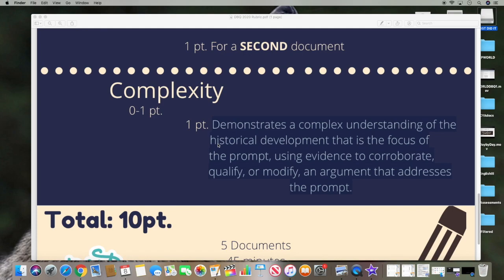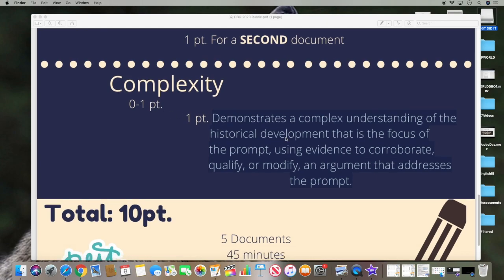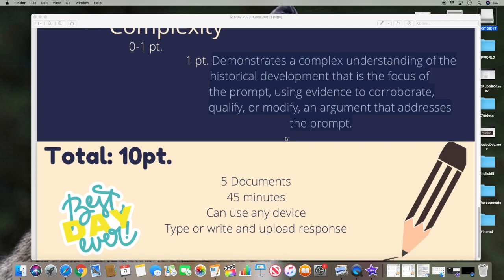Which is why I ask you to be aware or to be familiar with those historical developments. If you are able to discuss those, you get 1 extra point, which would be a total of 10 points.